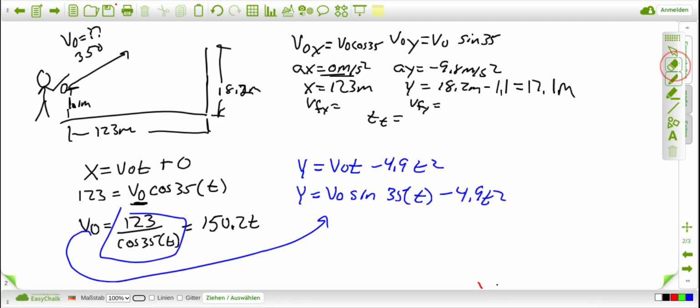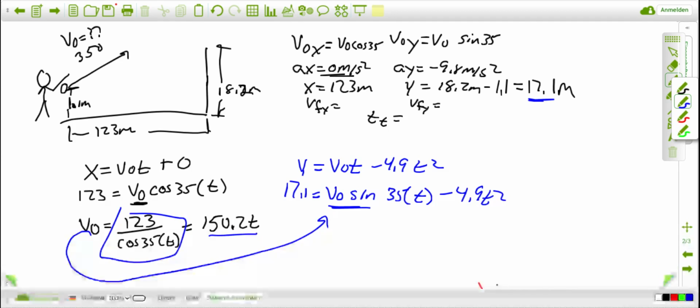Now, I should have put in here the y value of 17.1. Remember 17.1. Or you could put in terms of substituting this in, you could put in the 150.2. Actually, that should be over t, shouldn't it?